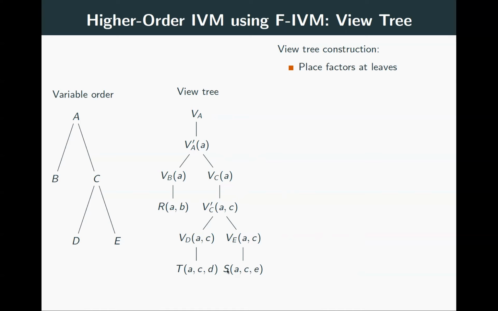So effectively, whenever we have C here, whatever comes below here needs to be joined. And similarly, here at A, we have to join them. And in between, I put some views that materialize, that aggregate away or marginalize out, the other variables that are not needed anymore. And why do I do this?